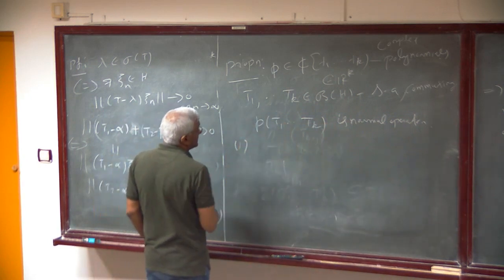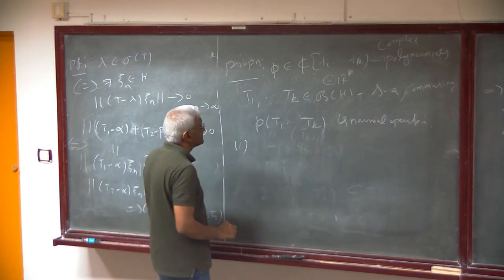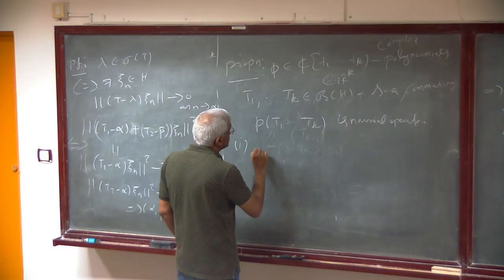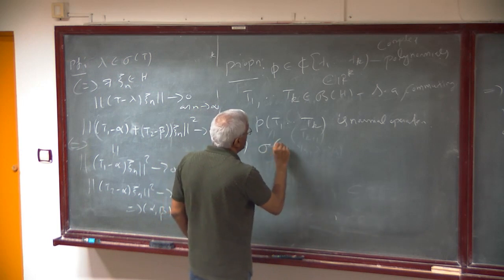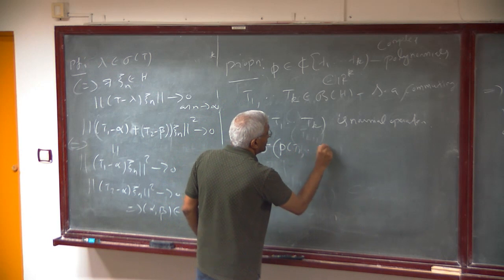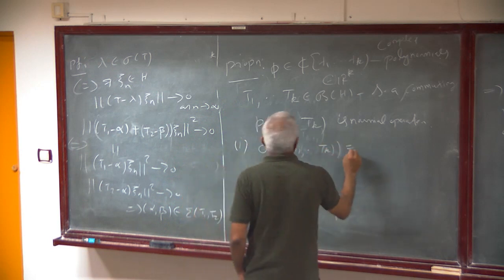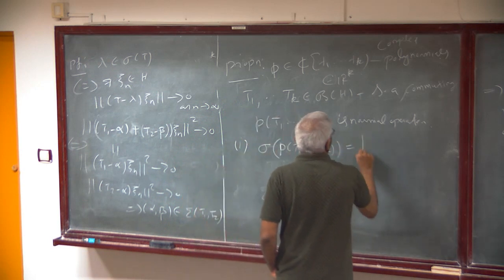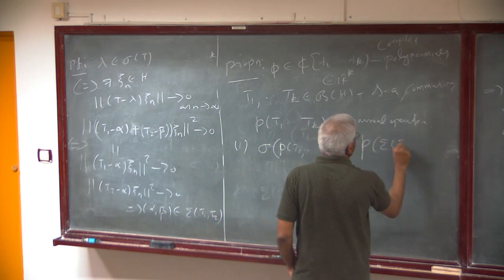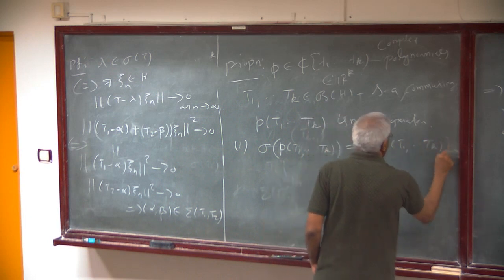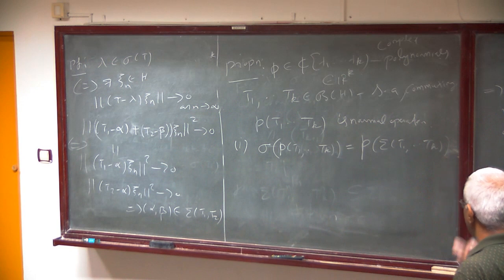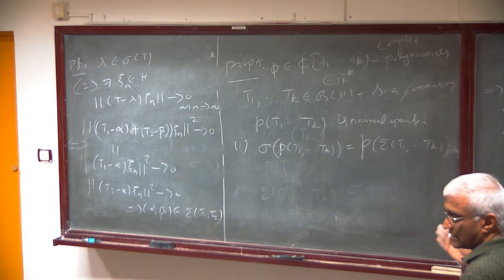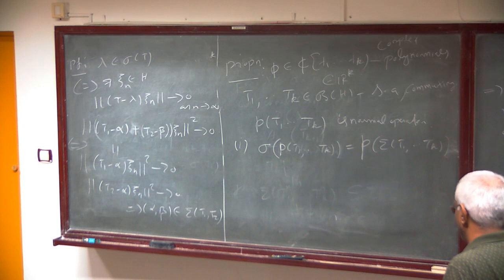Then the first statement is that sigma, the spectrum of P of T1 to Tk, is nothing but P of the joint spectrum sigma of T1 to Tk. This is the polynomial spectral mapping theorem, the multi-variable spectral mapping theorem.